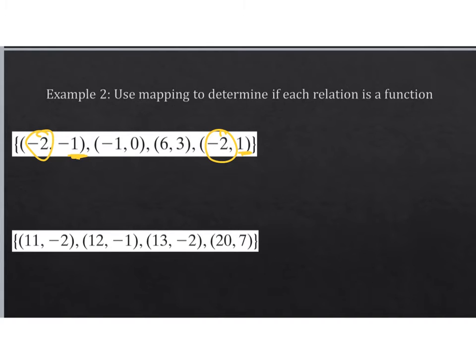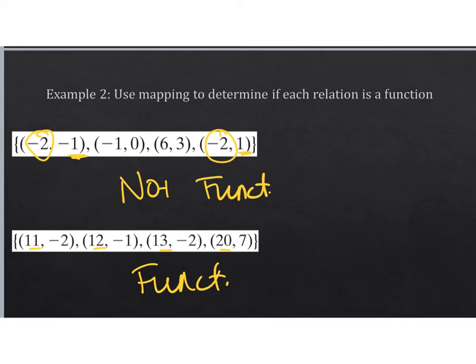So because I have 2 different y values for the same x value, I can see that this is not a function. And then for the second part here, I have 11, 12, 13, and 20. I've only got x values that are listed one time, therefore there's no chance for this to replicate or have different y values, so this here would be considered a function.